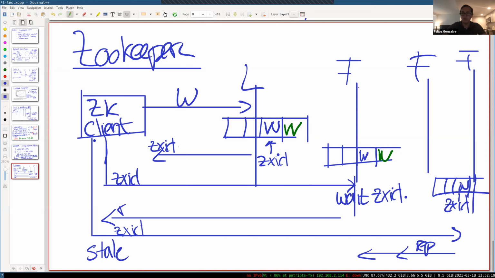Like ever? Yes, that's correct. So at this point, when the follower sees this ZXID, it must have been committed, because the client could not have gotten that ZXID unless the write with that ZXID was committed. Thanks.